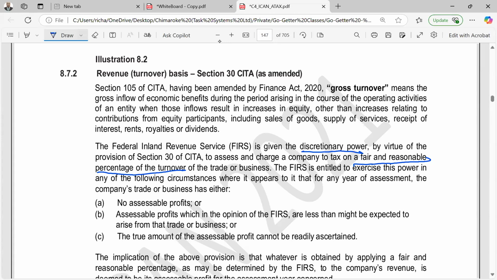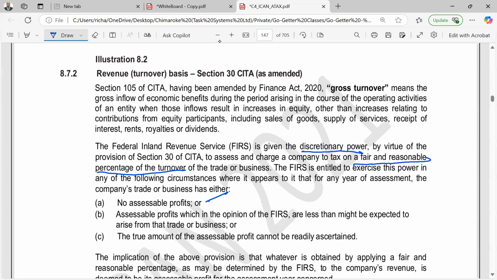Some of the reasons include the company may have no assessable profit for that year. And so because they don't have assessable profit, they may not be charged to company income tax. But they have revenue, and the company perhaps is exempted from minimum tax.